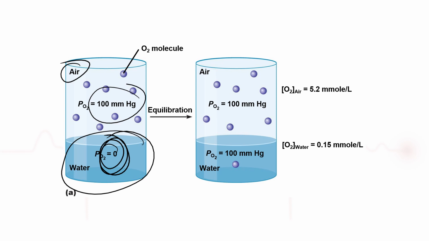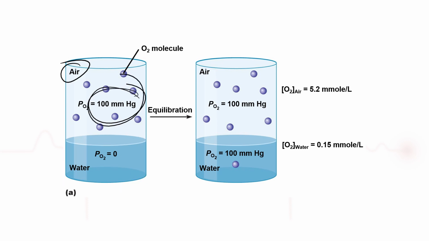Okay, so what do we have? We have a big partial pressure gradient, right? The partial pressure of oxygen within the air in the cylinder is 100, and the partial pressure of oxygen within the fluid in the cylinder is 0. So there's a huge partial pressure gradient between the air in the cylinder and the fluid in the cylinder. So clearly, oxygen wants to move in a particular direction.